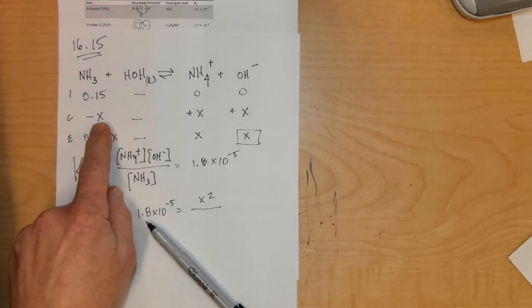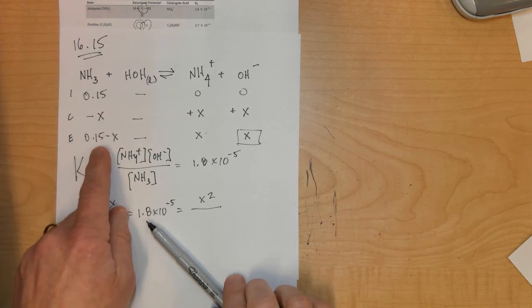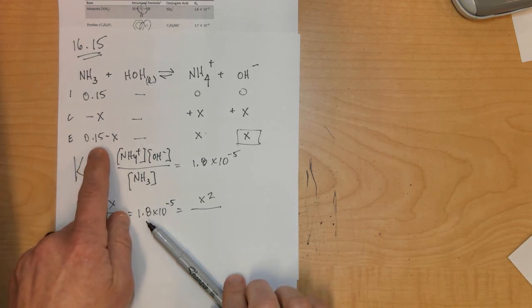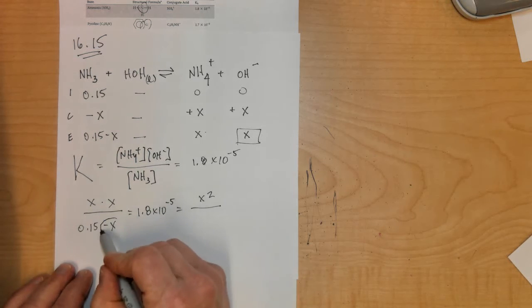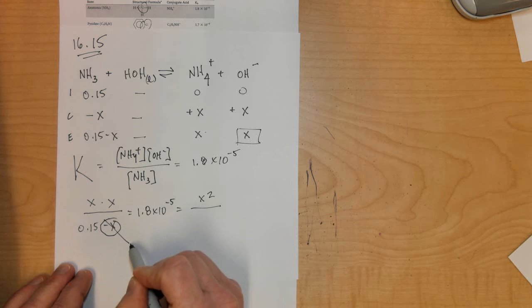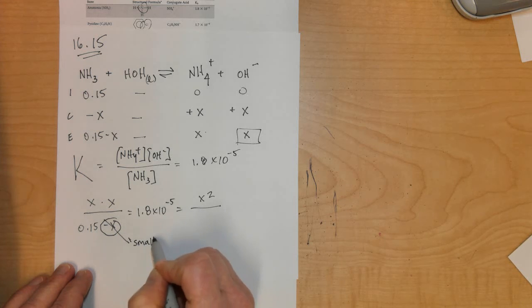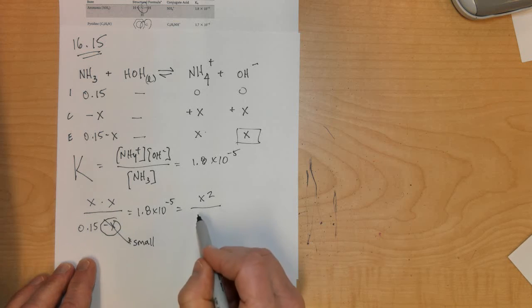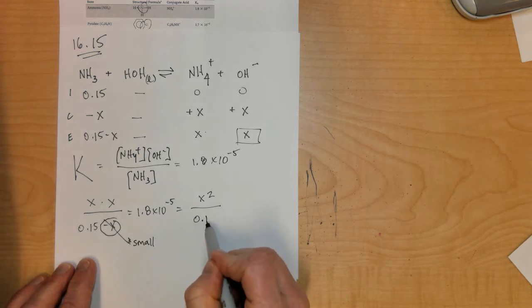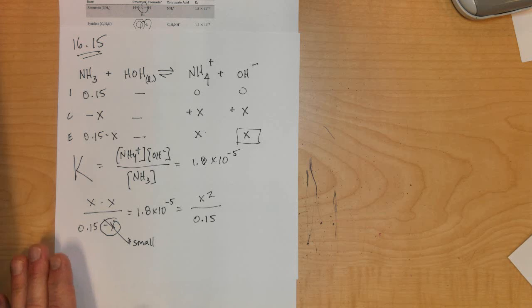Well, this x right here represents that tiny bit. This is small compared to this 0.15. And so to make the math easier to solve, we're going to assume that this x right here is small. And if we assume that it's small, we can ignore it, and we can write the equation as x squared divided by 0.15, and we'll get pretty close to what the actual answer is.